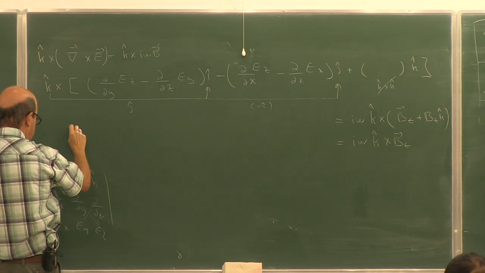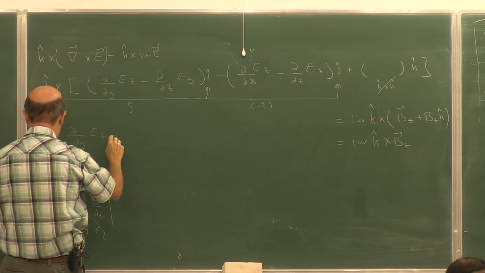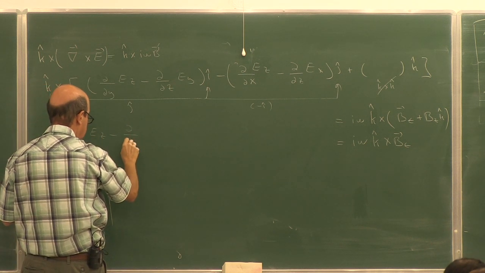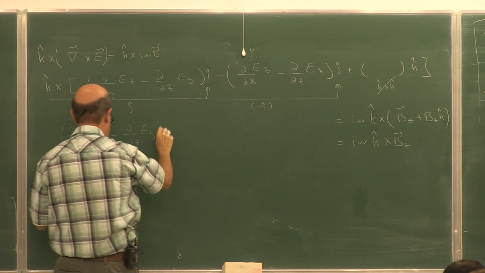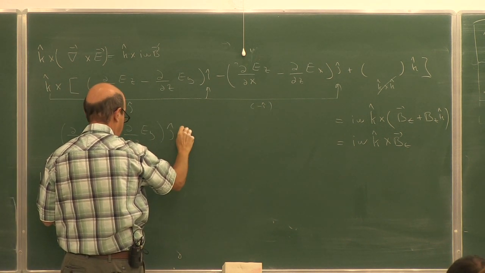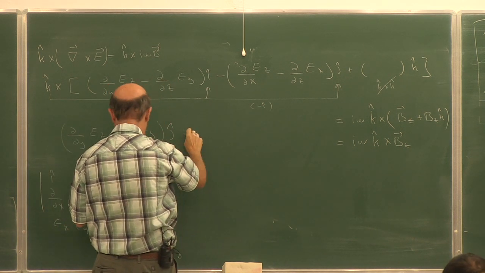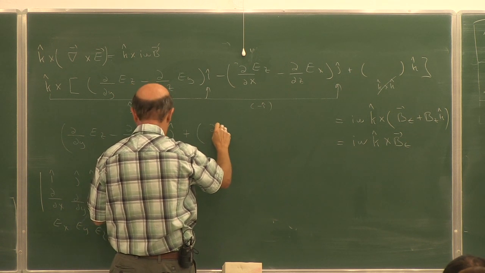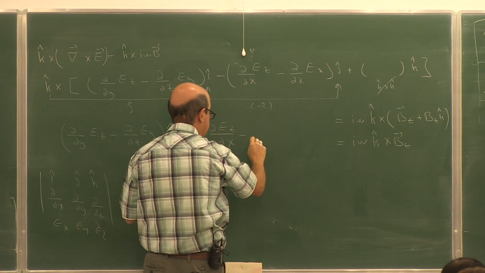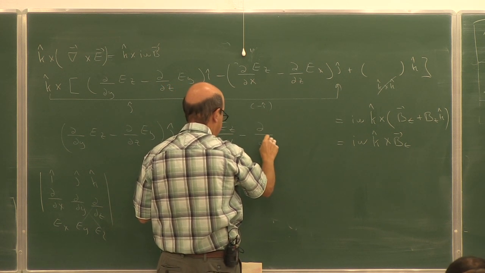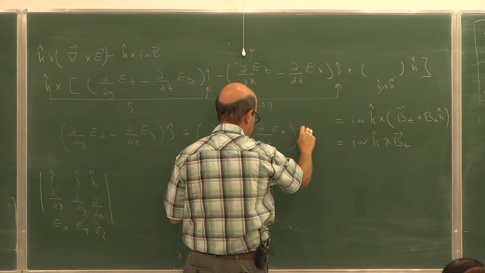For that one, you will have del over del y Ez minus del over del z Ey along j. You have minus and minus, that becomes plus del Ez over del x minus del Ex over del z, i.